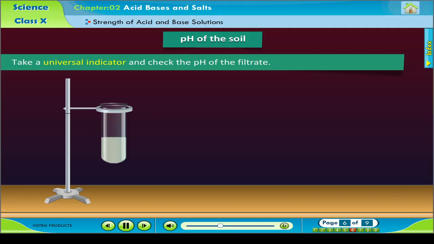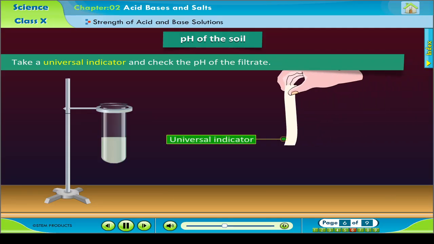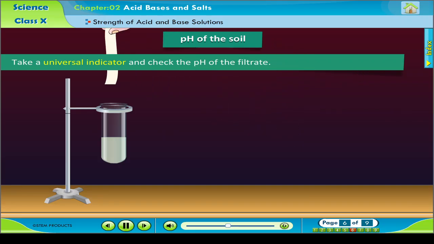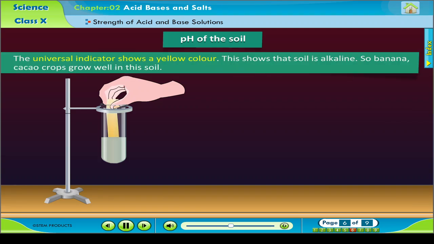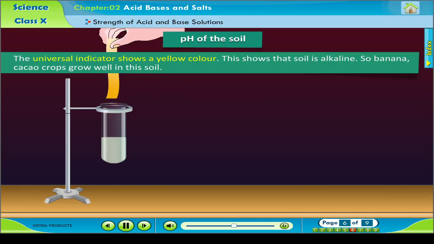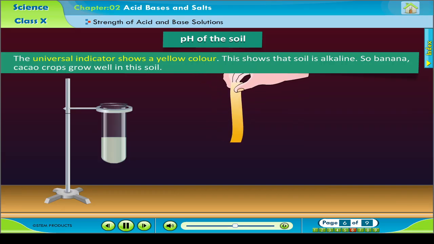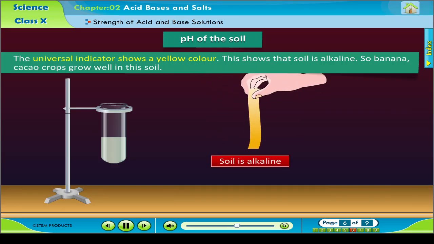Take a universal indicator and check the pH of the filtrate. The universal indicator shows a yellow color. This shows that soil is alkaline. So banana, cacao crops grow well in this soil.